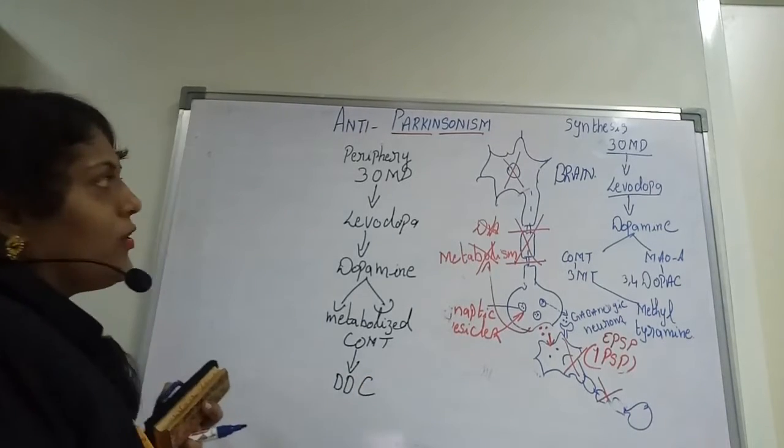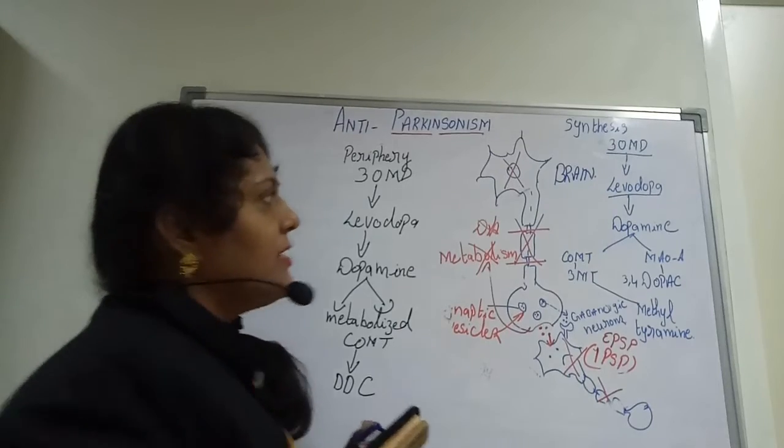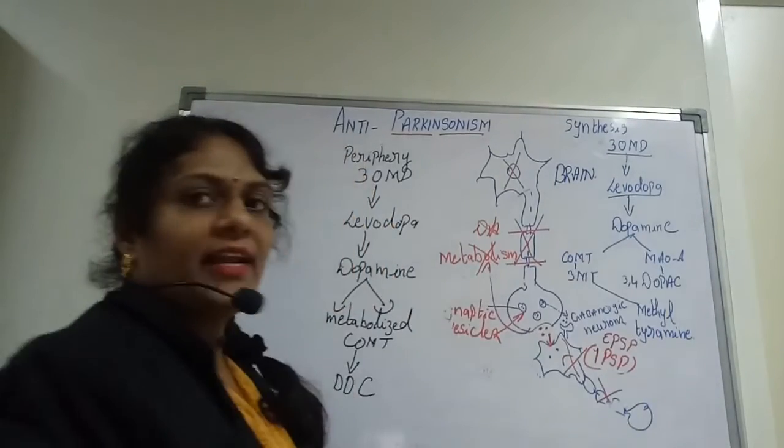So this is the pathway in the periphery, how dopamine is synthesized and metabolized, and this is the pathway which is indicated in the brain.